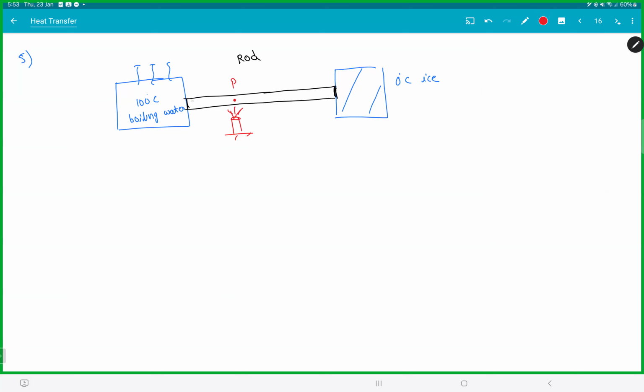This point is P, this point is A, this point is B. Now at this point P, the temperature is 400 degrees, because of that flame you kept. That temperature is maintained by the flame.